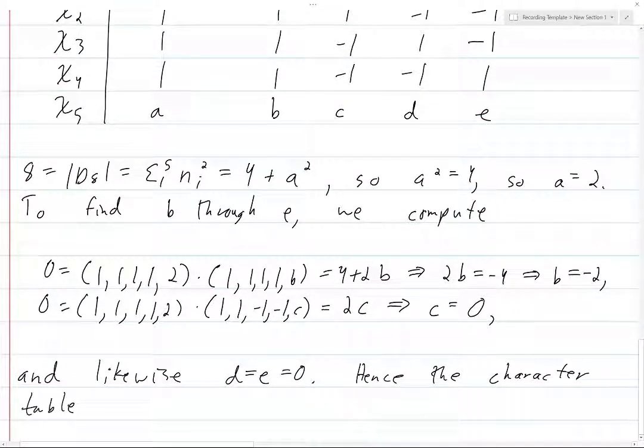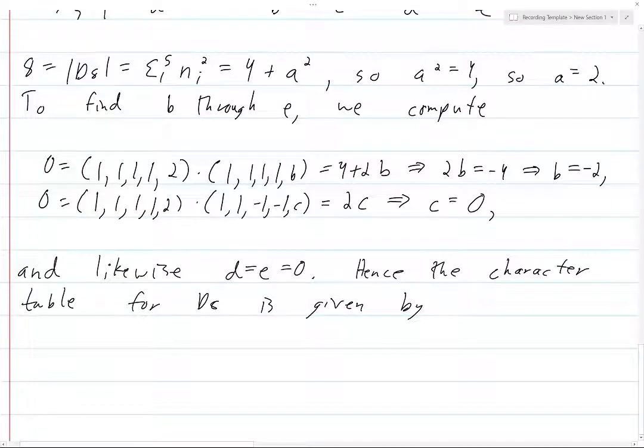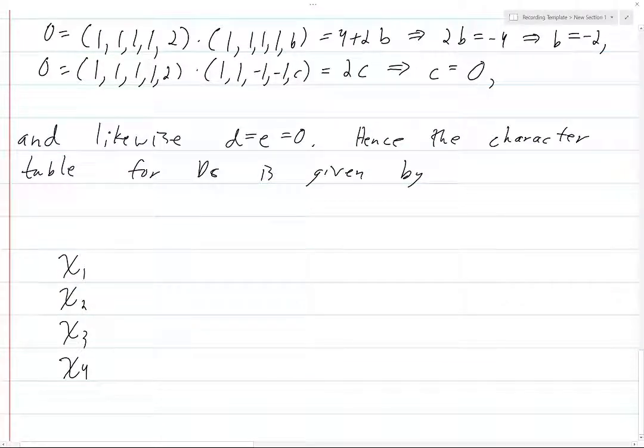table for D8 is given by, and let's see here, if I scroll down enough, hopefully it will have refreshed enough. So we're going to have chi1, chi2, chi3, chi4, and chi5.